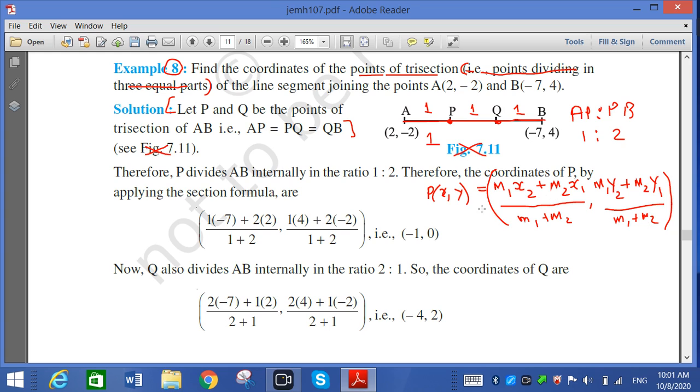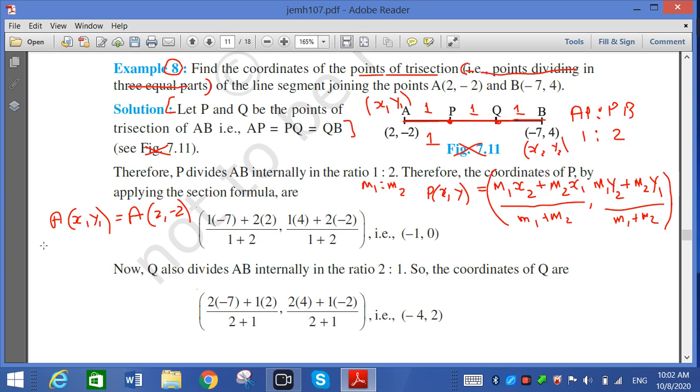So P(x, y) is equal to this. Now from the question, what do I have to write? The ratio m1:m2, that is the ratio for P. Now the coordinates of A are (2, -2), so I write x1, y1 here, and here x2, y2. When you are doing this type of sum, you have to write A, that is x1, y1, is equal to A, so we can easily find the values.